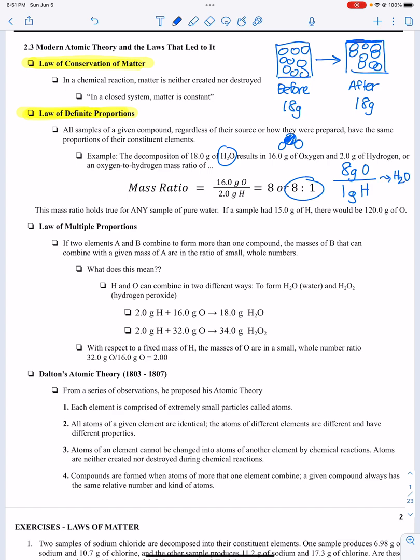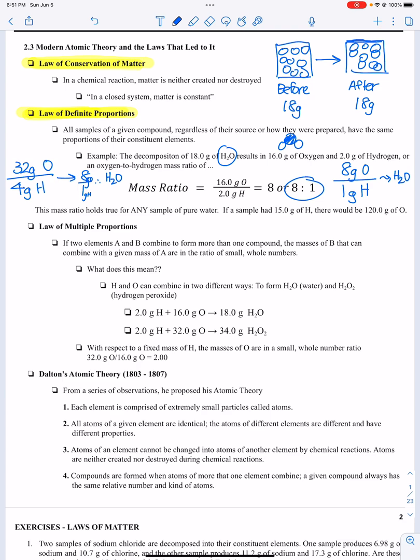So if I have a ratio that is, let's say, 32 grams of oxygen to 4 grams of hydrogen, this is still 8:1. This means this is water. 8 grams of oxygen to 1 gram of hydrogen. So if that mass ratio is always 8:1 in oxygen to hydrogen, then it is always water.